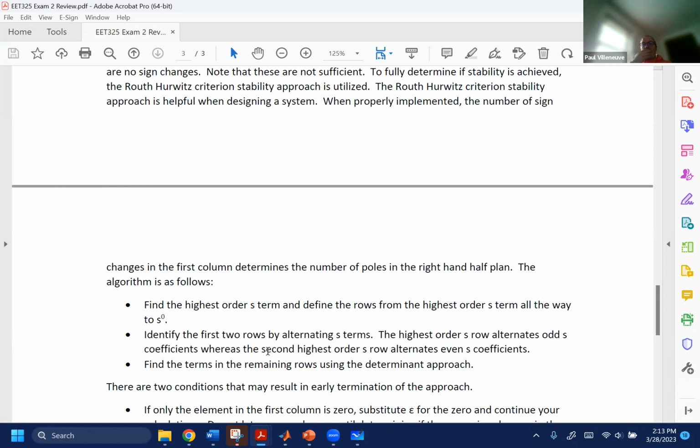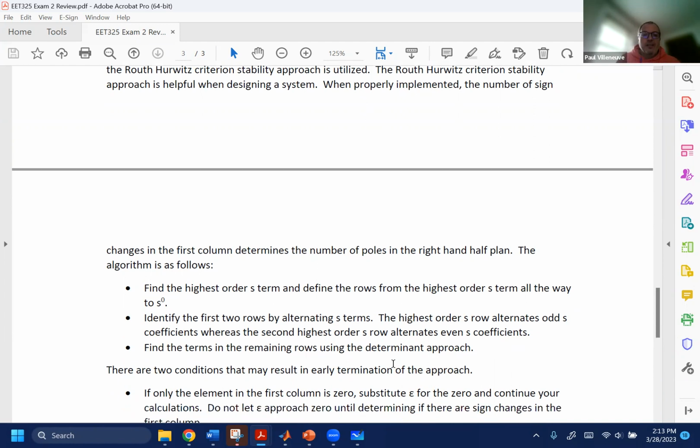And then once we do that, we find the rest using the determinant approach, by doing 1 over the value of the element just above. And then we find the determinant of the matrix that is formed by the row directly above, the column directly above, and then the one just immediately to the right of the coefficient we're trying to find.